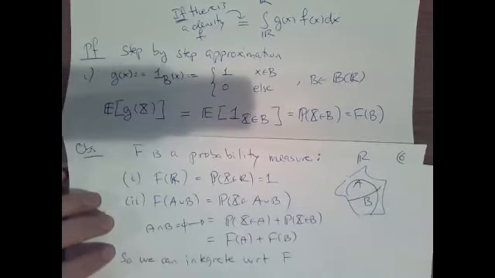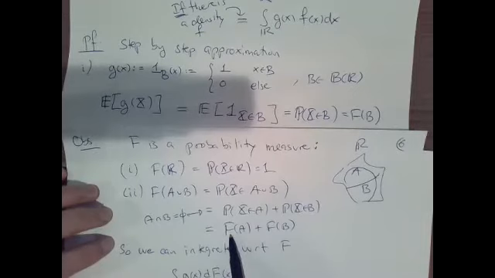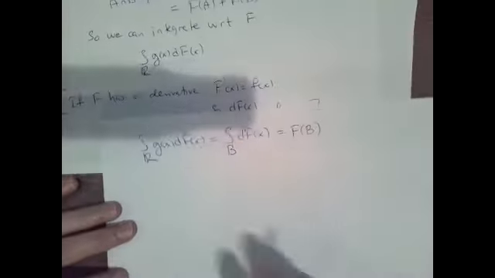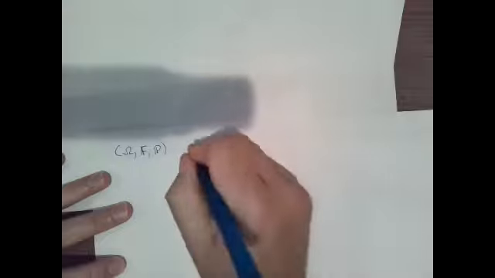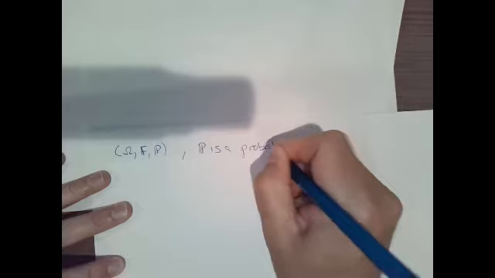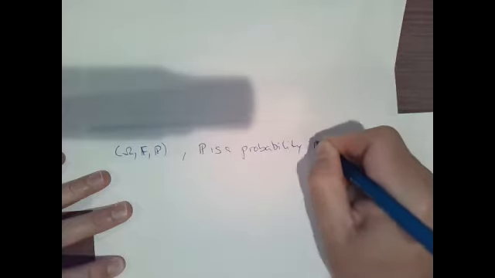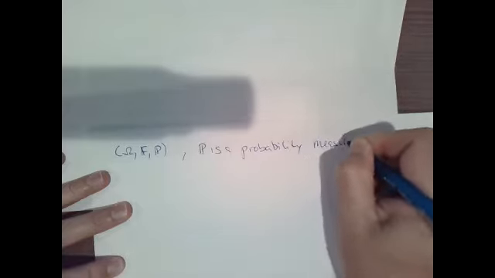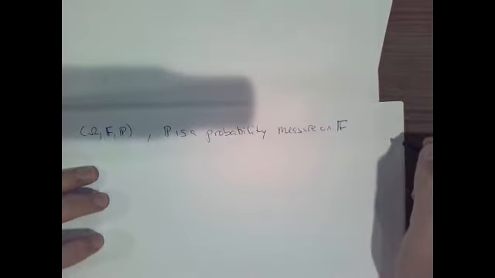I'm not sure what you mean. Like we're using F as a probability measure. So, it's like the bold F, right? So we have our omega, F, P, where P is a probability measure on F, and F is our sigma algebra.